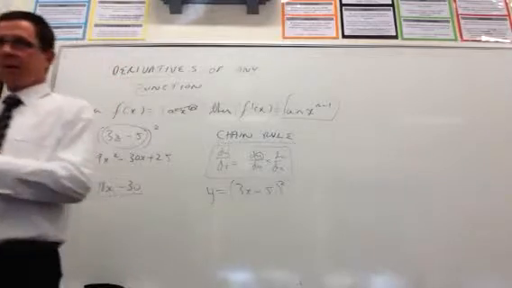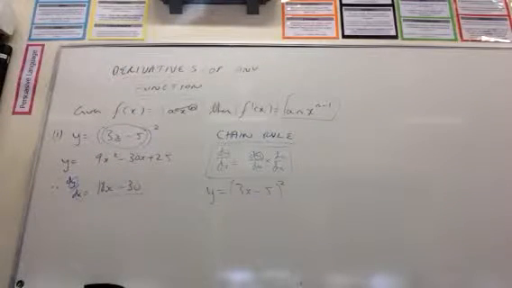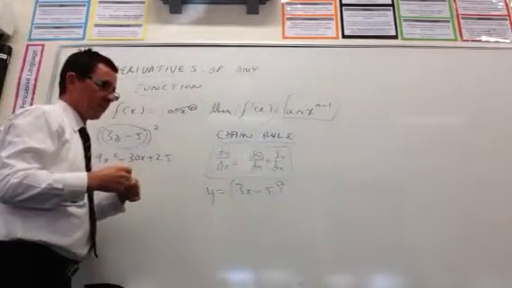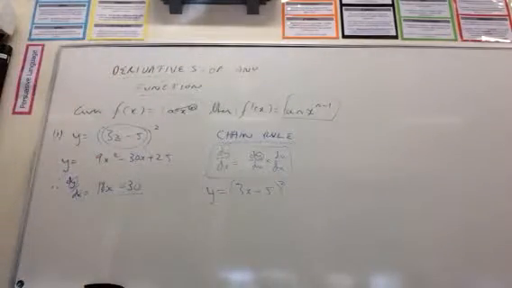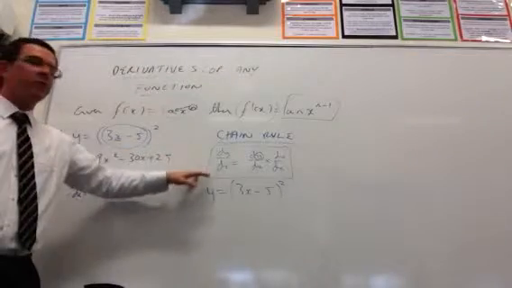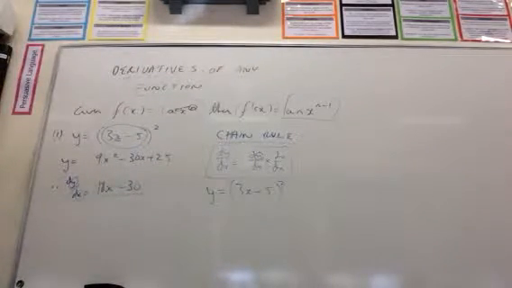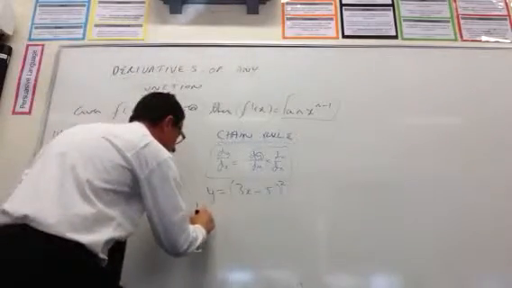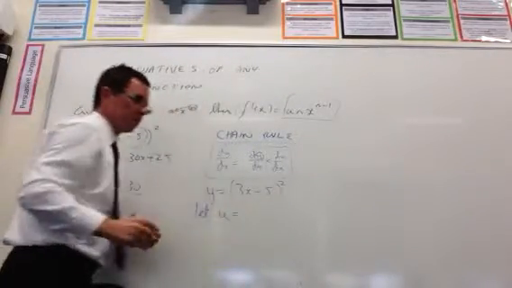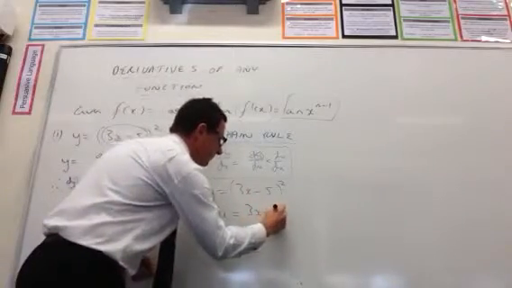Y equals, using chain rule. When you're doing this, I said to you there's two jobs. The u stands for the inside job. I call u the inside. So the first thing you do is let u equal the inside.